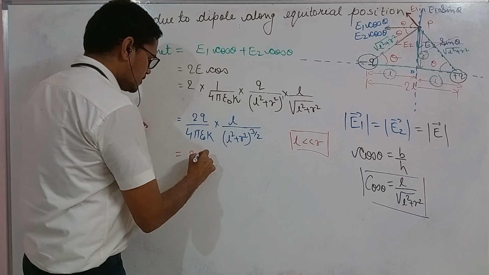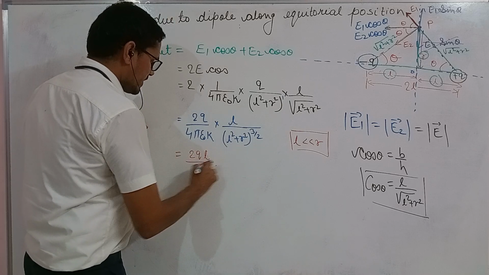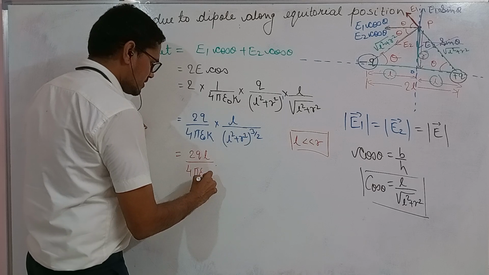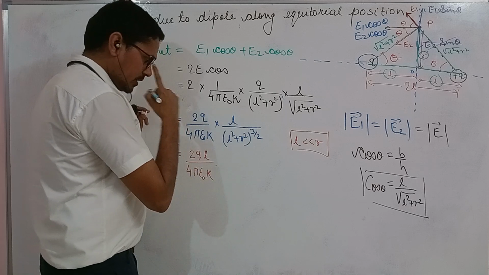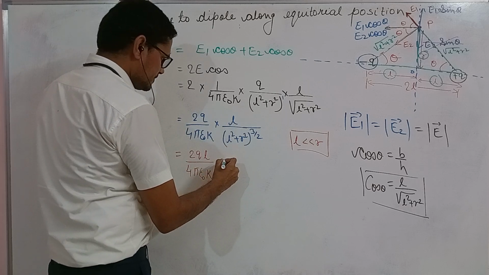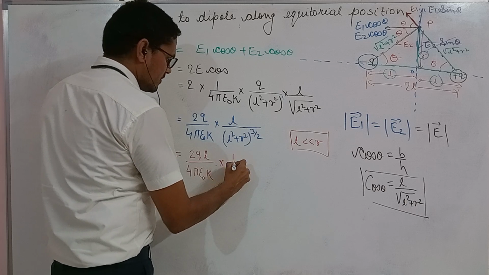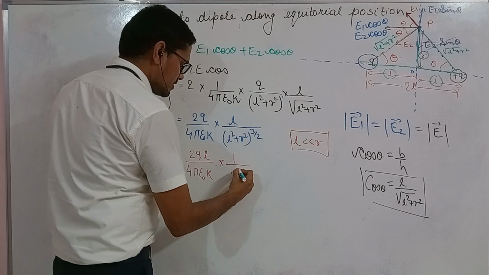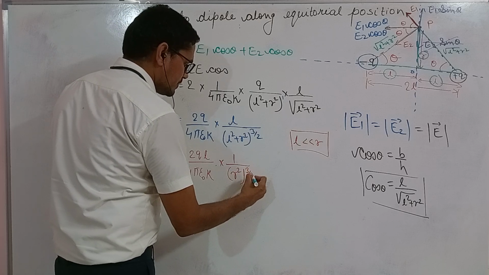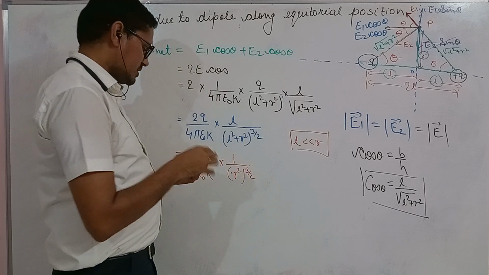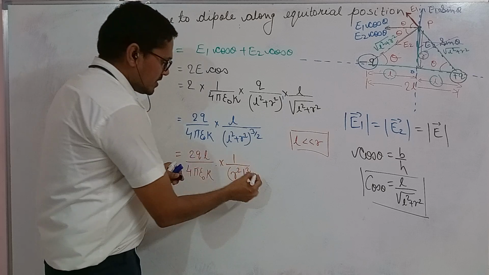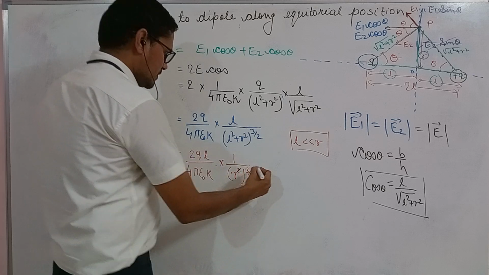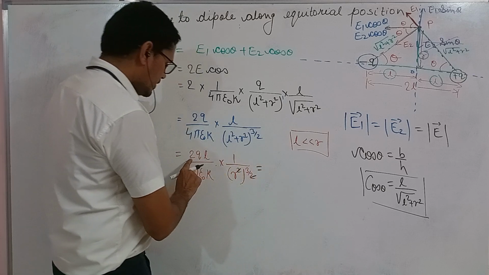Let's put the value here. So we'll be getting 2QL divided by 4 pi epsilon naught K, multiplied by 1 over, ignoring this L square, R to the power 2 whole to the power 3 over 2. Now this 2 and 2 get cancelled out. So finally we'll be getting 2QL.